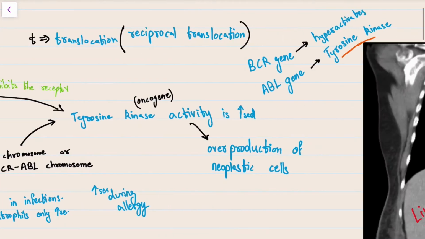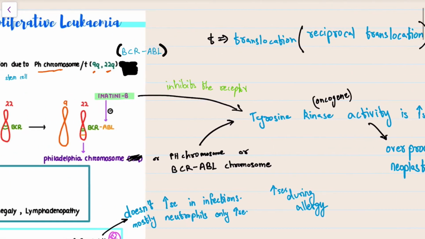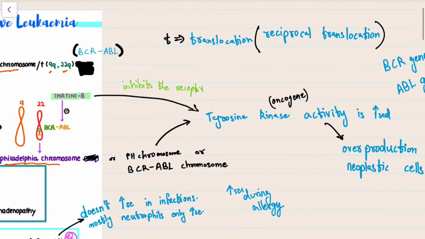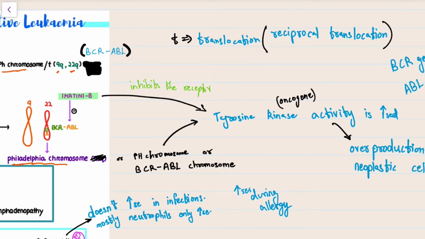That hyperactivates it. So this part goes over here and this part comes over here. When it moves to the 22nd chromosome, the BCR gene and the ABL gene fuse together, causing the Philadelphia chromosome.